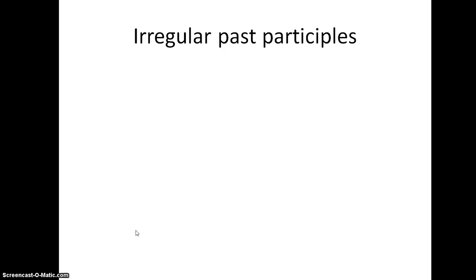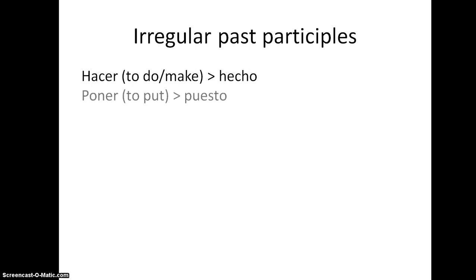Okay, now there are a few that don't follow this normal rule for past participles, and as I said before, they're exactly the same for whichever perfect tense you're doing. So we've got hacer, to make or do, goes to hecho and not hacido. Poner goes to puesto. Volver goes to vuelto.